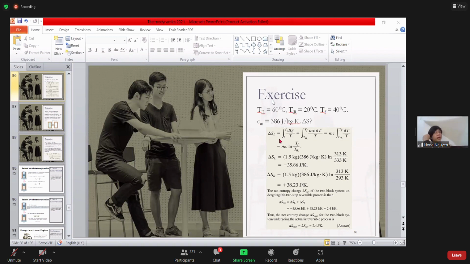So what we want is to calculate the entropy change of this irreversible process, right? We cannot calculate it directly, but we can find a reversible process that takes the system from the initial state to the final state. Then we can calculate the net entropy change of that reversible process, and this is also the entropy change of the irreversible process.